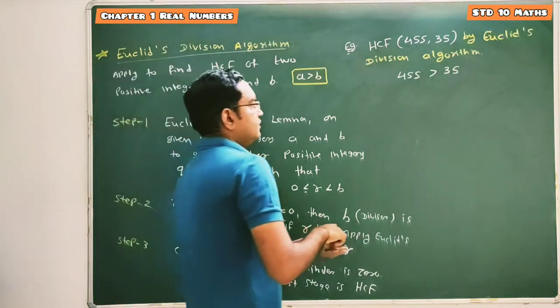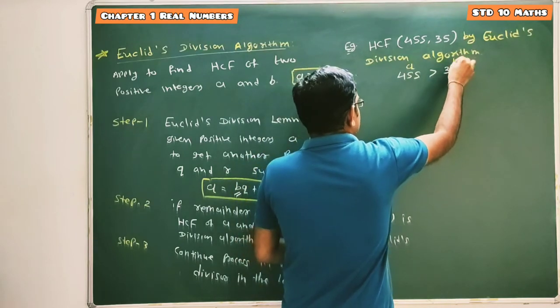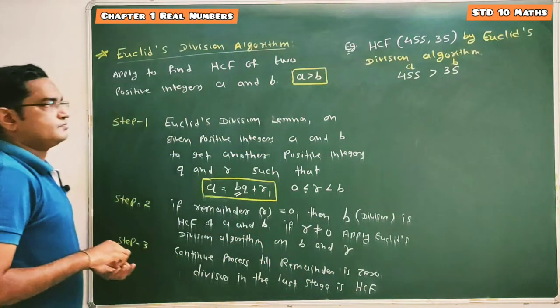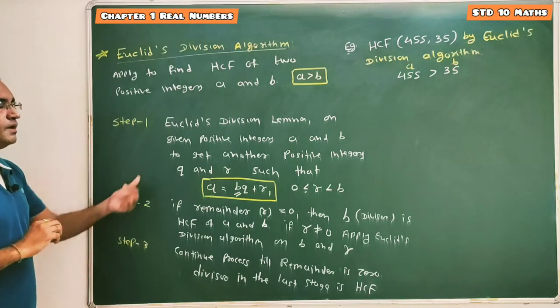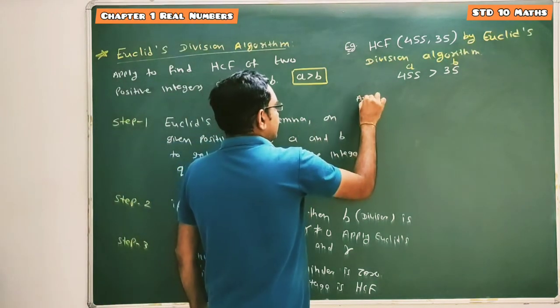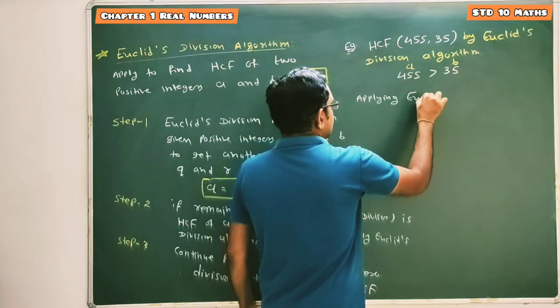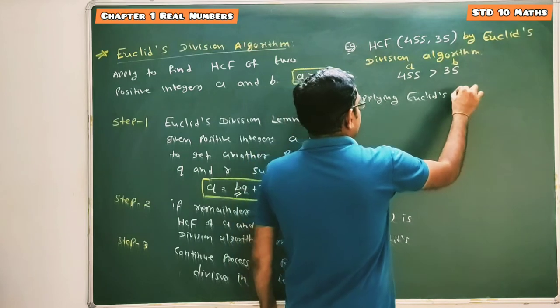So we can say this 455 is a and this 35 is the value of b. Done. First step. Now we are applying Euclid's division lemma.